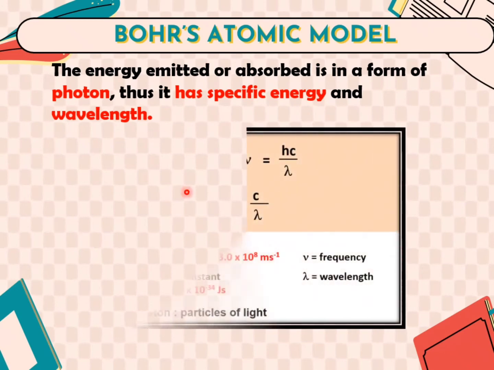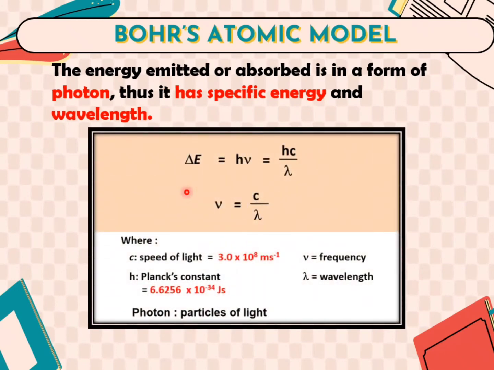Okay, so other than formula yang tadi, saya nak explain kat sini formula yang lagi satu tadi, delta E equal to H nu equal to Hc over lambda. Okay, just now we know the relationship between wavelength and frequency. So this is the formula that relates wavelength and frequency. Actually kita boleh relate juga dengan change of energy. Nu refers kepada frequency, lambda refers kepada wavelength.